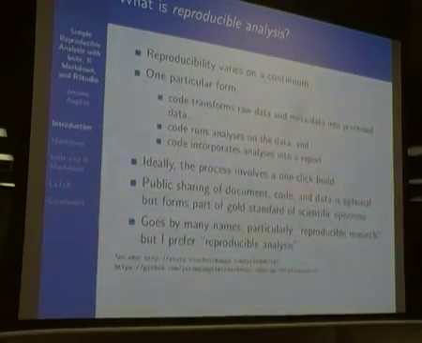A step up is saving your syntax or your scripts, so you have at least some record that you can go back to and see what you did at some time in the future. So that's more reproducible. But the particular form of reproducibility that I'm thinking of is what we might associate with document formats like Sweave and what I'm going to talk about, knitr.